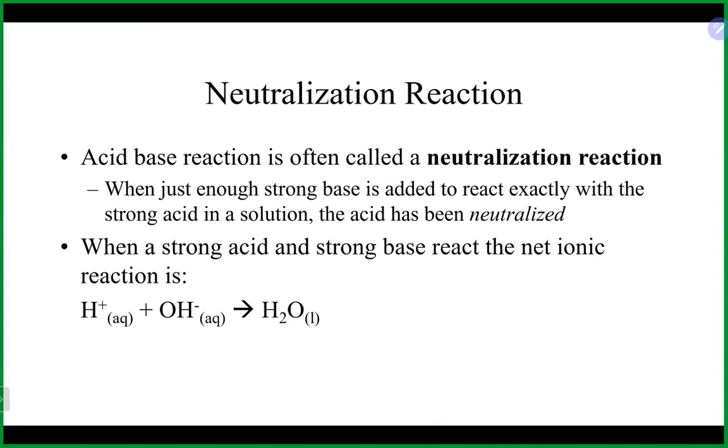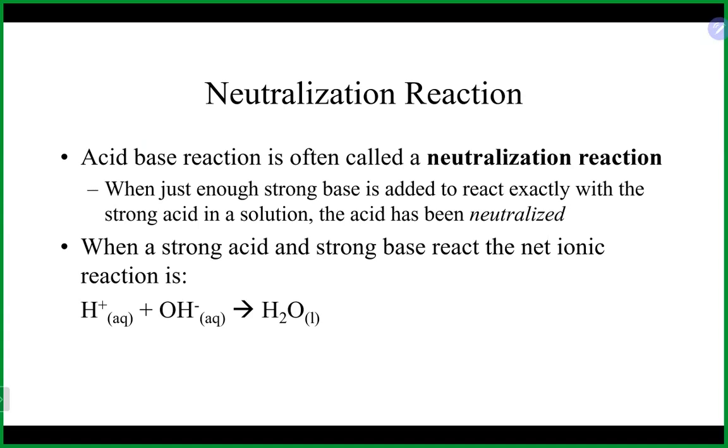You've added exactly the same amount of base to acid. So when you did those titrations and it turned pink, even with just one drop, super dark pink maybe, at that point you added enough moles of base to completely use up all the moles of acid that you started with.